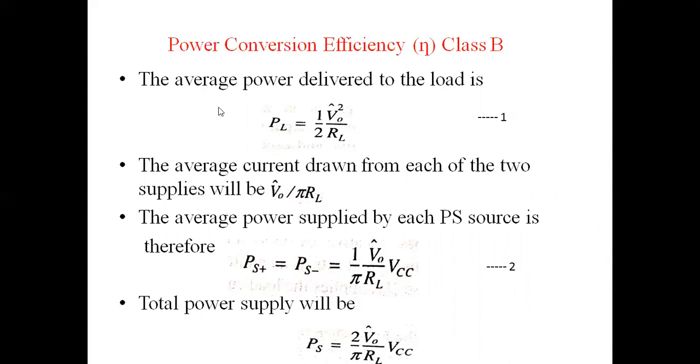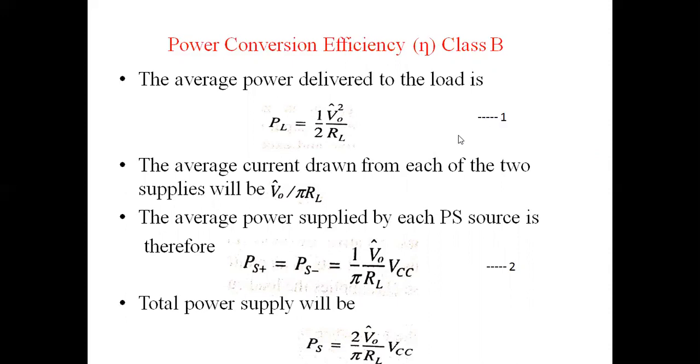Neglecting the crossover distortion and considering the output as sinusoidal with peak voltage V0, the average load power PL is given by (V0 by root 2) whole squared divided by RL. Writing the load power in terms of the RMS value, that becomes 1 by 2 into V0 cap squared divided by RL. Call this equation number 1.